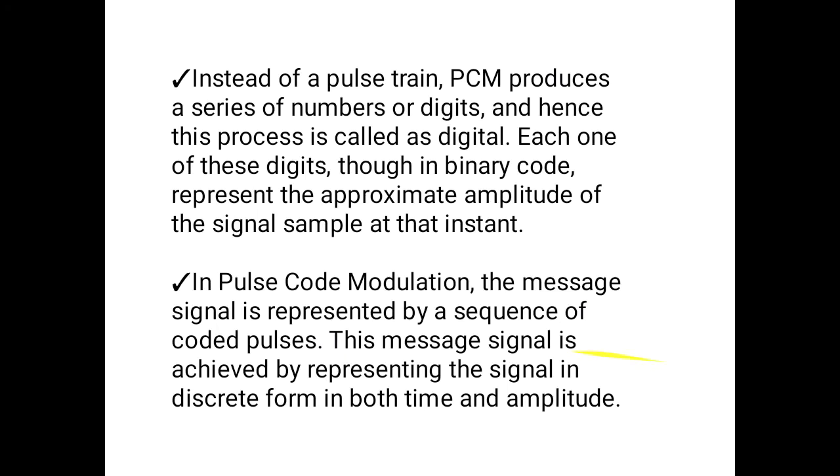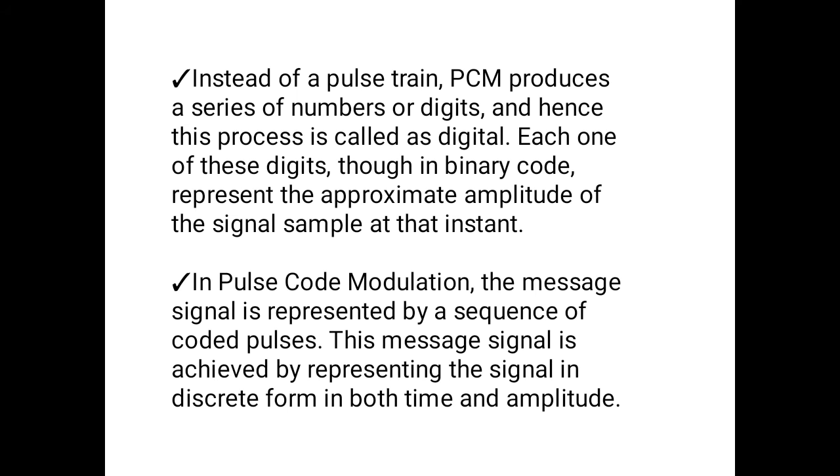Instead of a pulse train, PCM produces a series of numbers or digits, and hence this process is called digital. Each one of these digits, although in binary code, represents the approximate amplitude of the signal sampled at any instant of time.